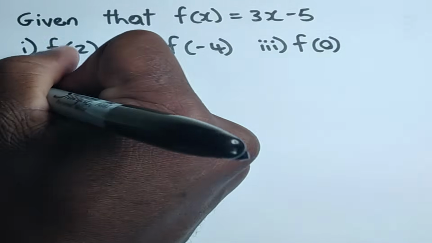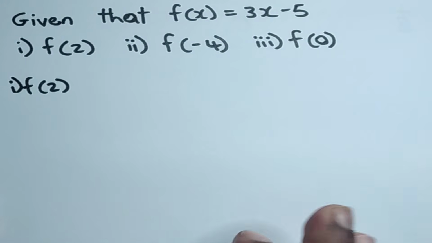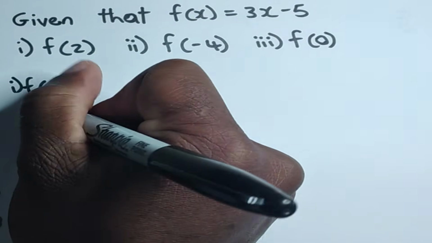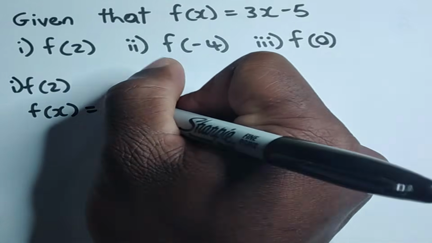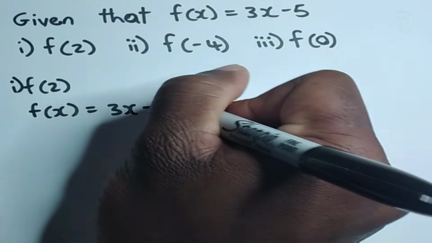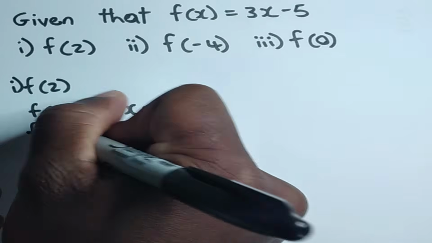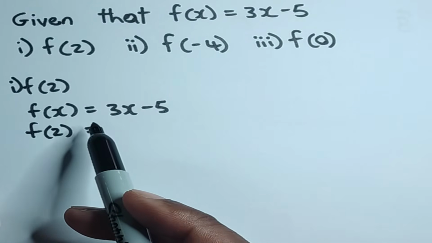Now what we want to do is recall the function. That's very important because it is the function that we'll be using to solve these. So the function is defined by f of x equals 3x minus 5. If we want to find f of 2, wherever we have x, we're going to substitute 2.